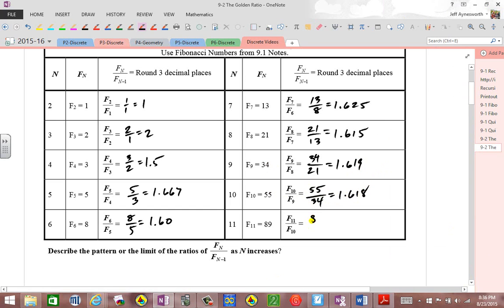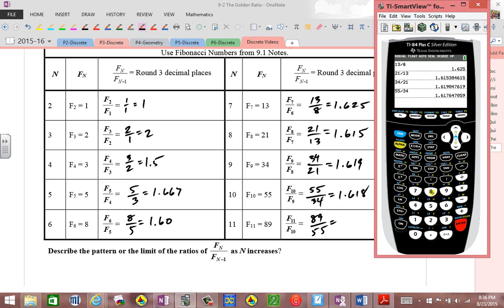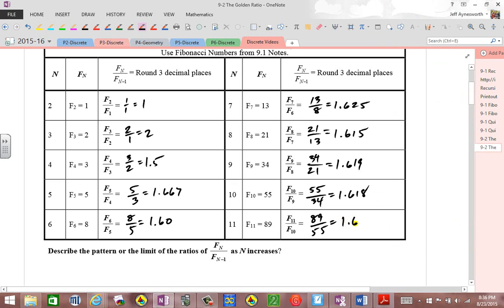Then you take 89 divided by 55. Just keep going, and you get 1.61818. So 1.618 again. So now they're agreeing to the third place.